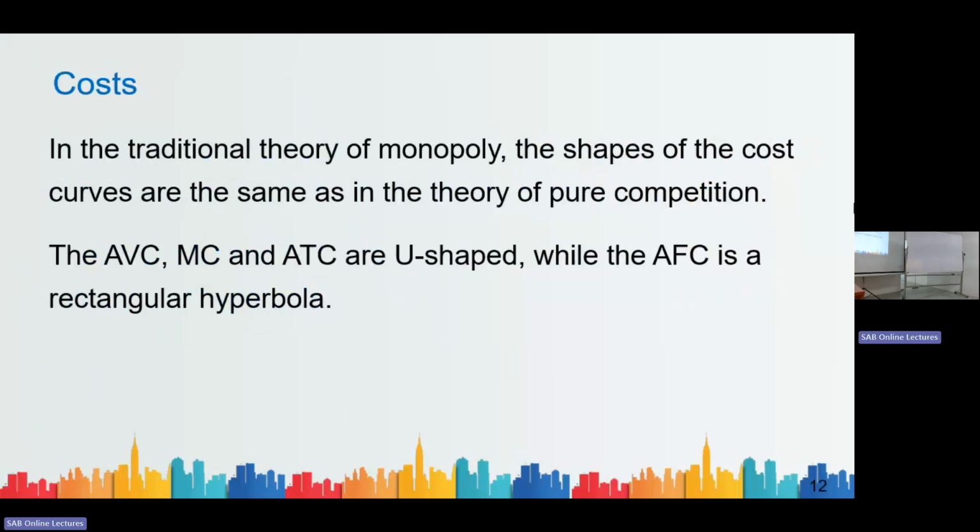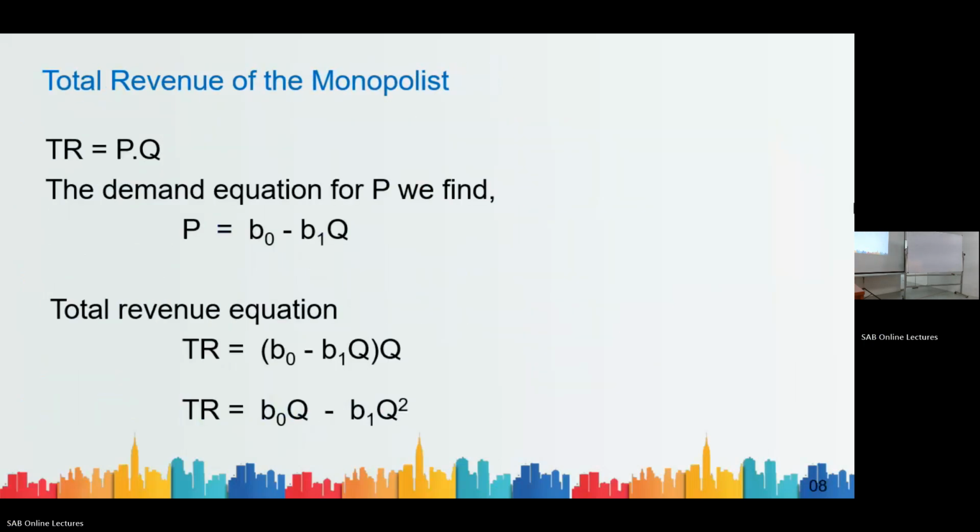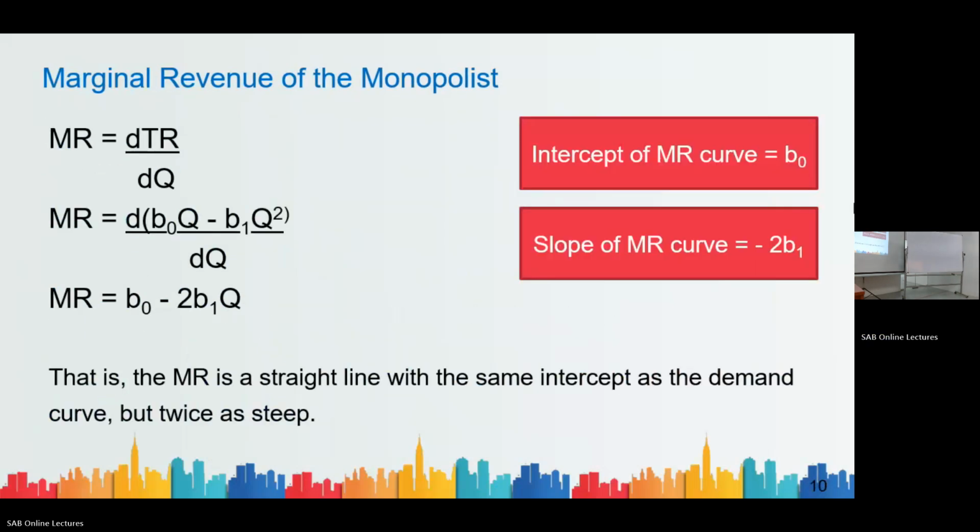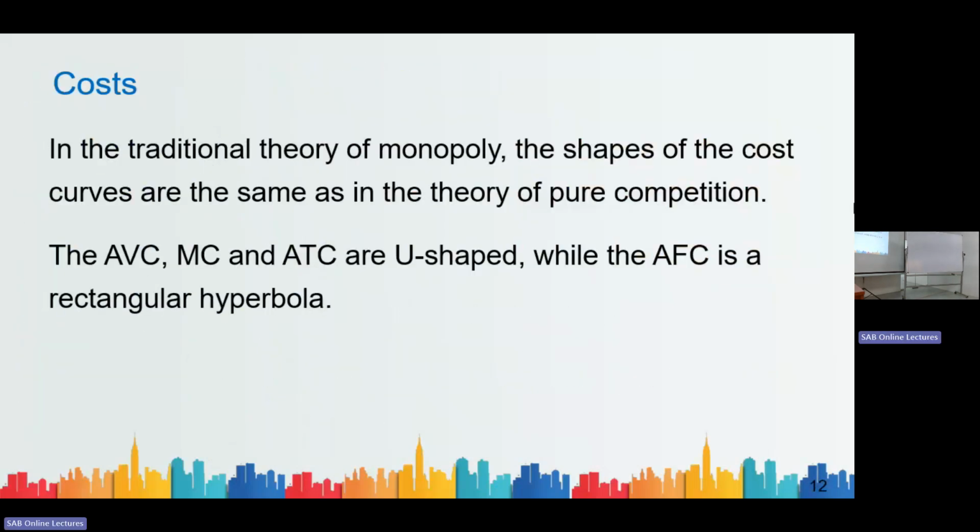So far we discussed the revenue side of the monopolist, and we confirmed that the monopolist faces the same cost curves we discussed in the previous session. So we have completed the revenue side and cost side.